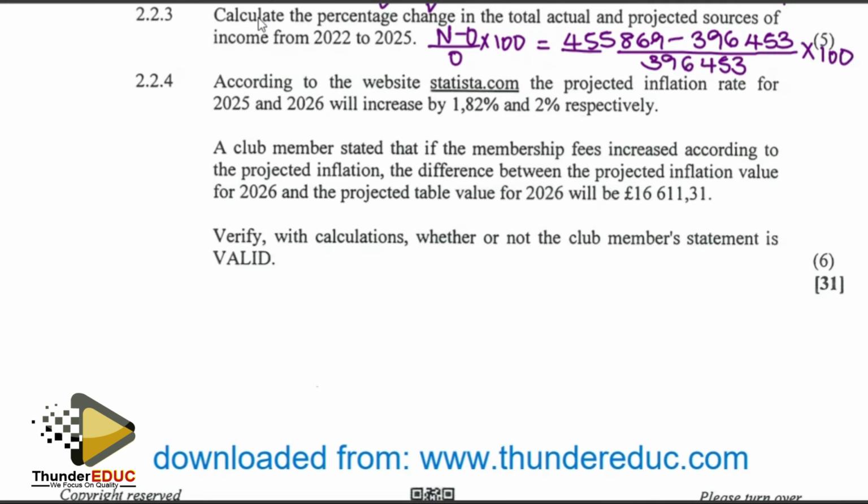I'm multiplying by 100 because I'm looking for the percentage change. So here the answer becomes 4.99%.